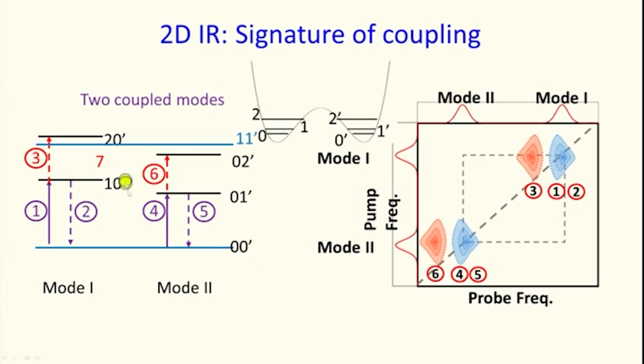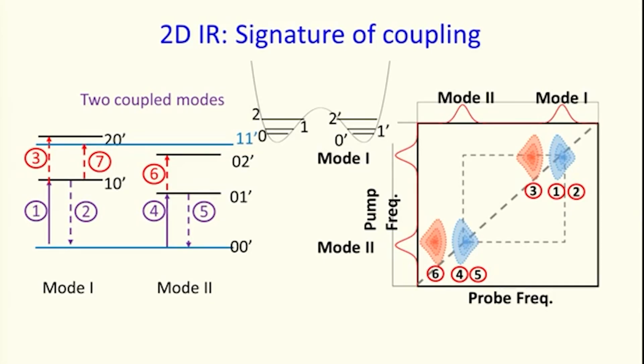Now one photon comes and all it has to do is to promote the second oscillator from 0 dash to 1 dash state, when the first oscillator is already at V equal to 1. Okay. So we will call this pathway 7, and it is important to understand that the energy of this is equal to the 0 dash to 1 dash transition.